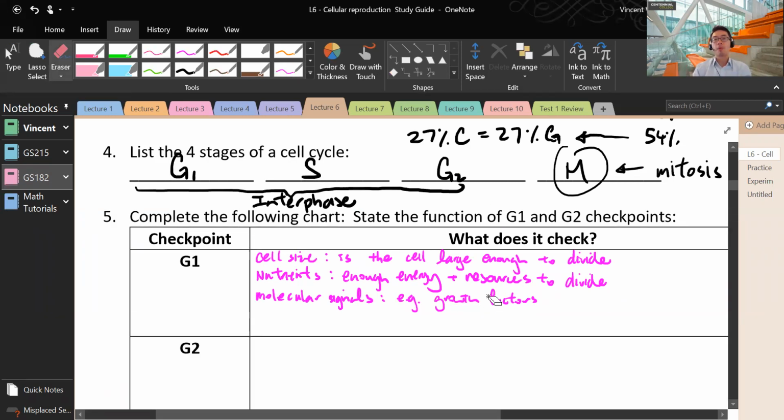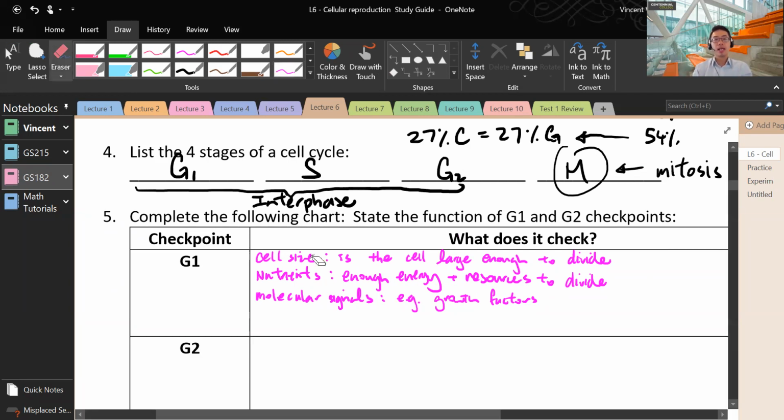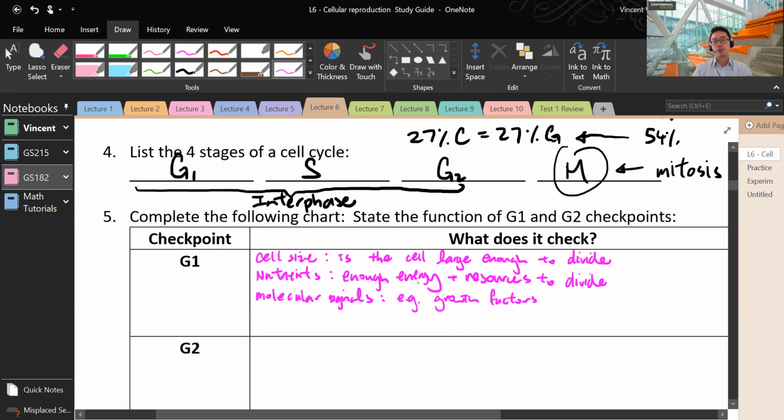Okay, the opposite of growth factors would be growth suppressor. Okay, which would put a brake on the cell cycle. So there's a balance of these molecular signals, and G1 checks for those. Right? Obviously, we do not want too much stimulation from growth factor, especially in adults, for example, because if the cell cycle keeps on going in an uncontrolled manner, that could lead to creation of a tumor, right? And the tumor could be cancerous.